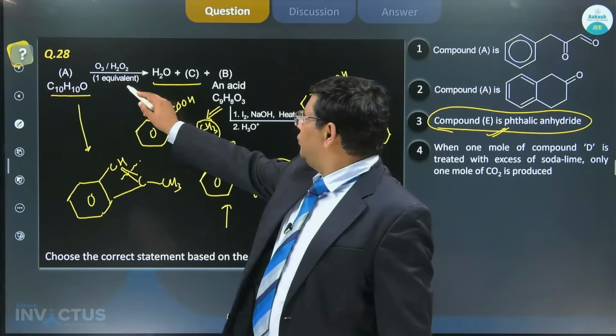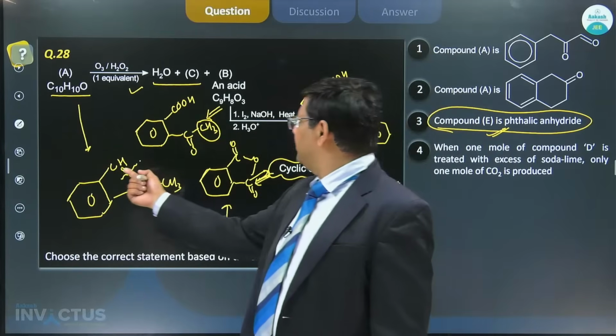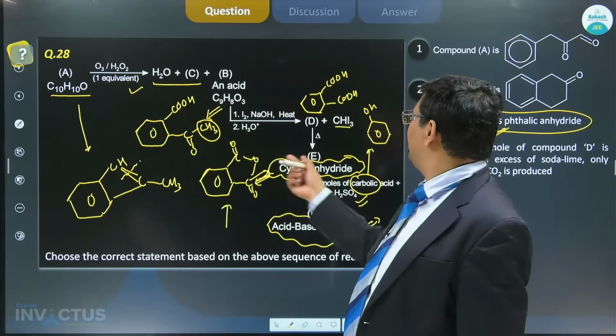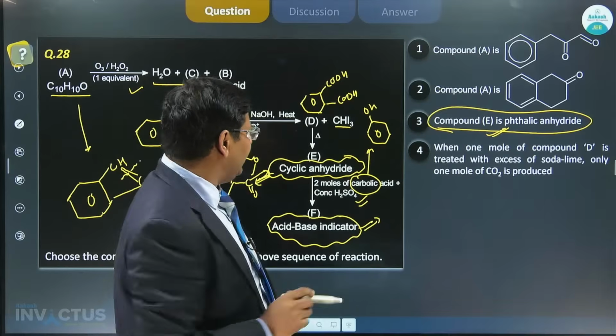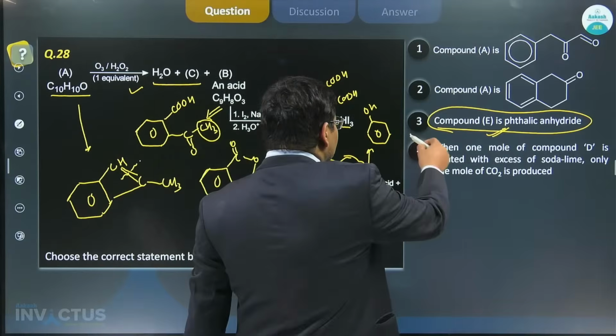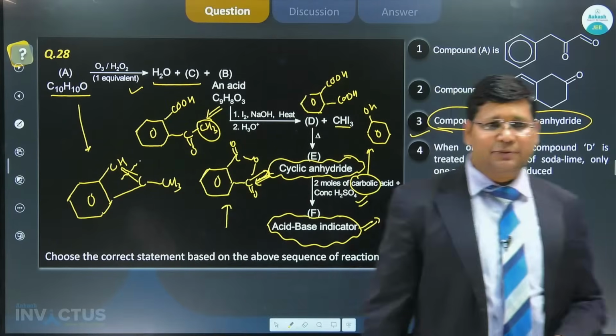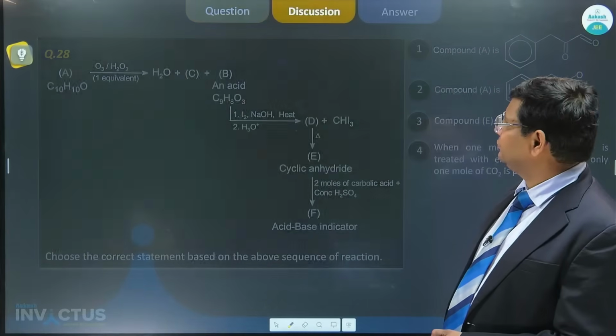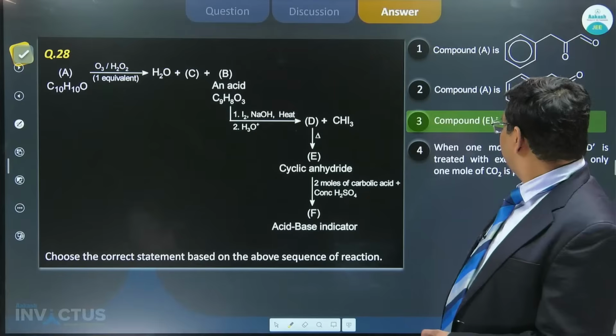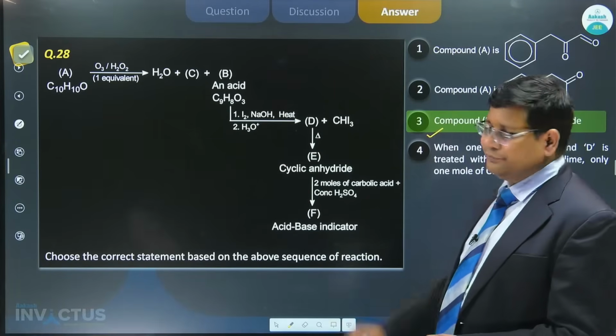So H2O2 and one equivalent, because this terminal will be acid and this terminal will be ketone, and finally you will get this product, right? So student, its correct answer is 3. So by this process you can solve this question. So let me check the answer. Now the correct answer is this.